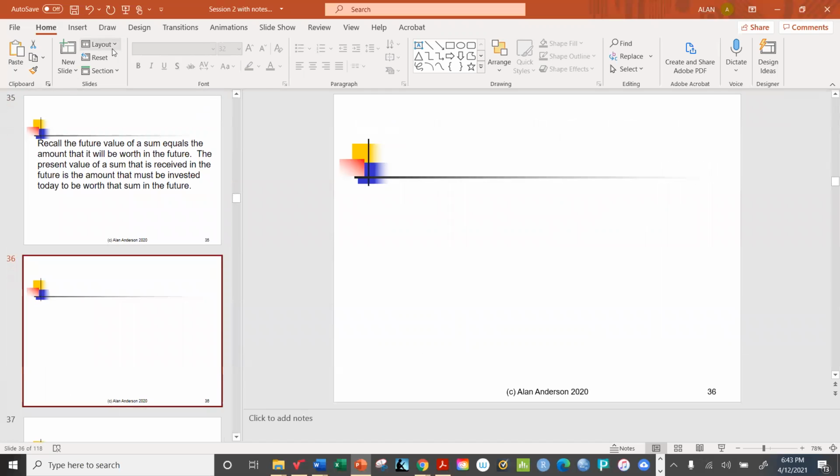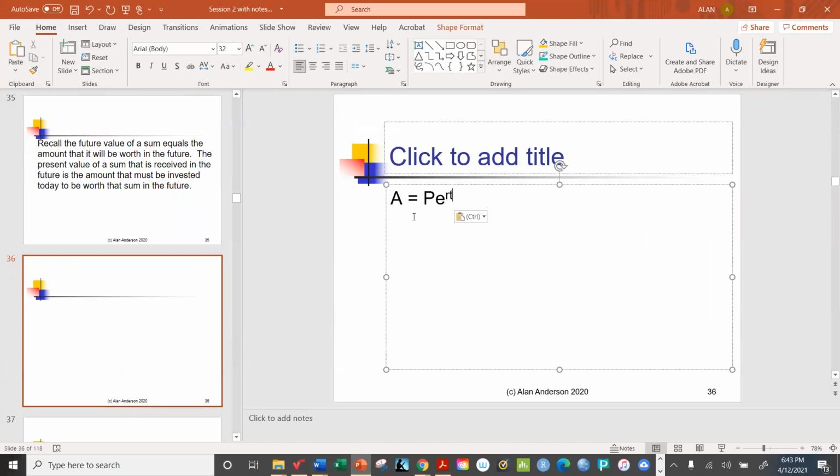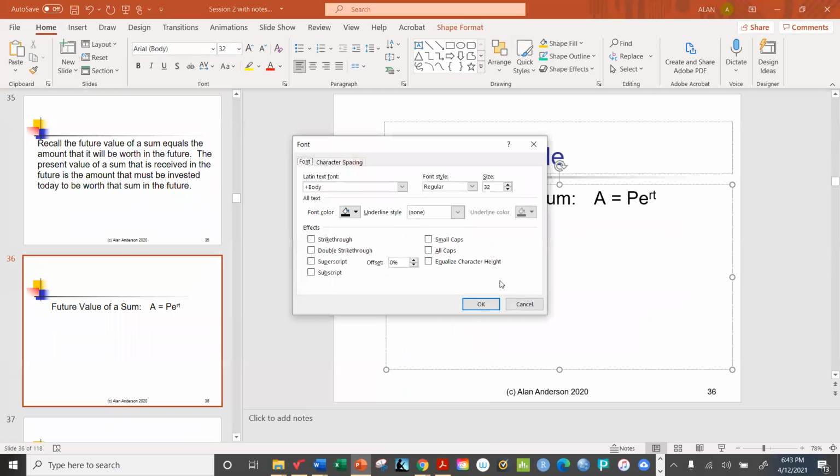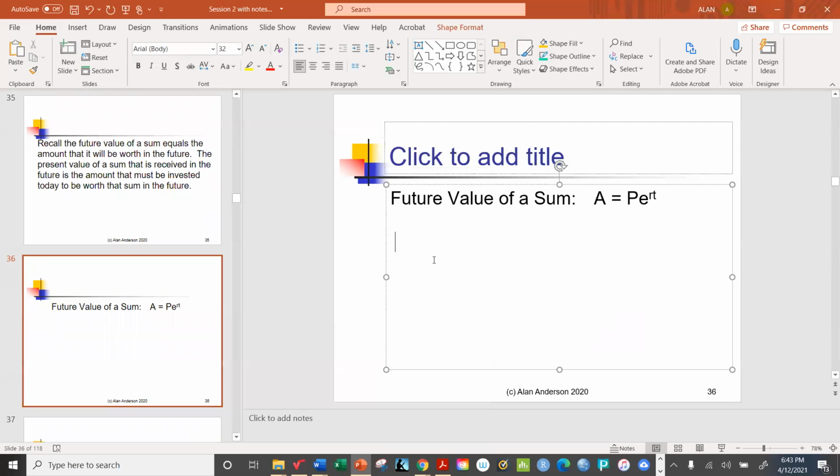The present value: basically what we're doing here is solving for P instead of A. And now that means that the exponent is negative.